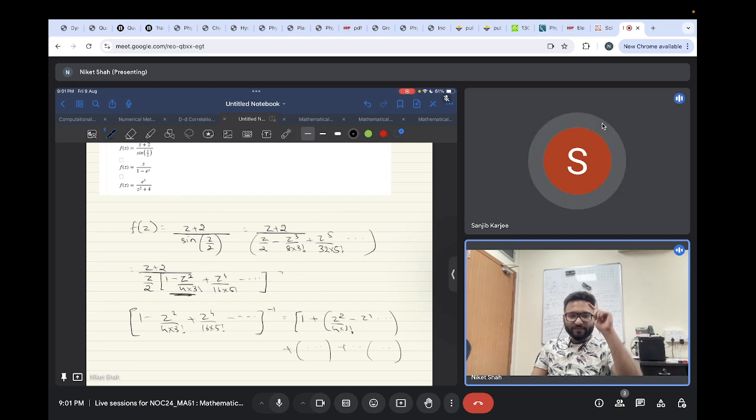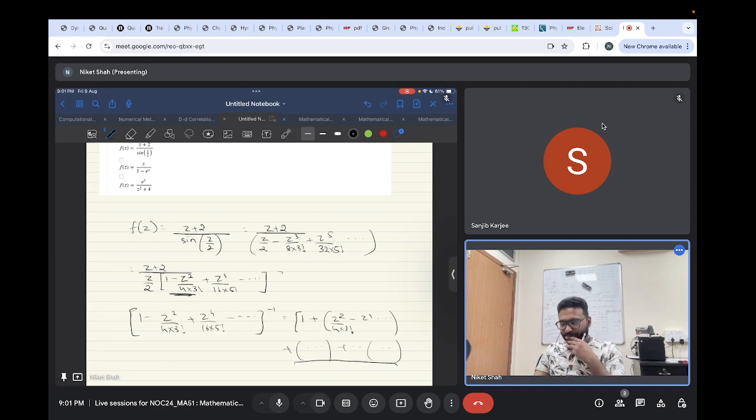What I'm doing is simply writing this in 1 upon 1 minus z form, so I can expand it out in polynomial form. The polynomial form is always analytic, so one can forget what is happening there. It is a polynomial in z square, so we'll have some huge function.